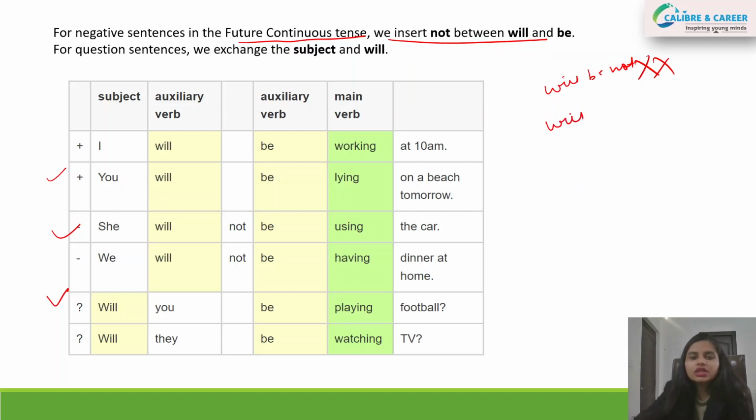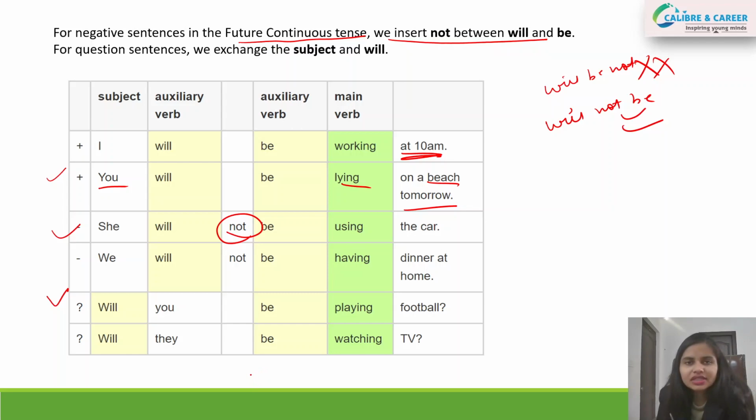You will say will not be, that is correct. Okay, let's see some examples. In positive sentences, how will you say: I will be working at 10 a.m. You will be lying on the beach tomorrow. In the negative: she will not be using the car, not she will be not, that is incorrect. Or we will not be having dinner at home.